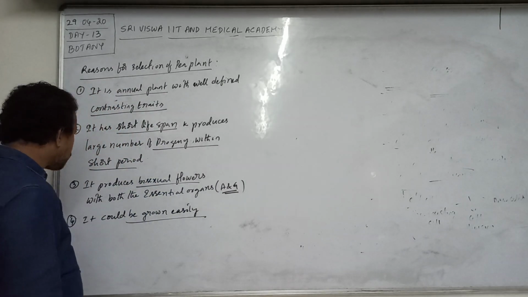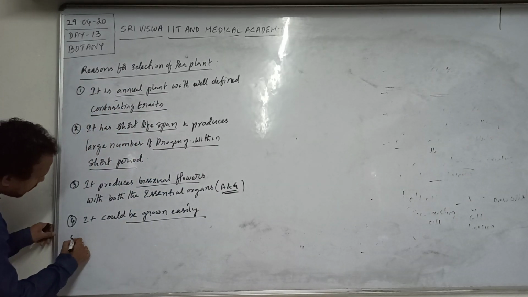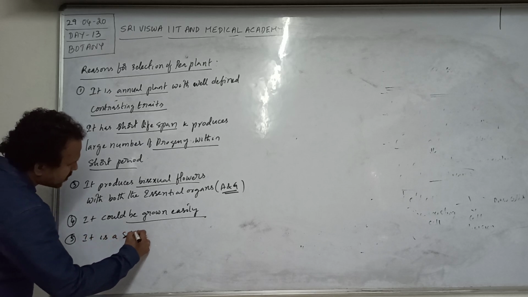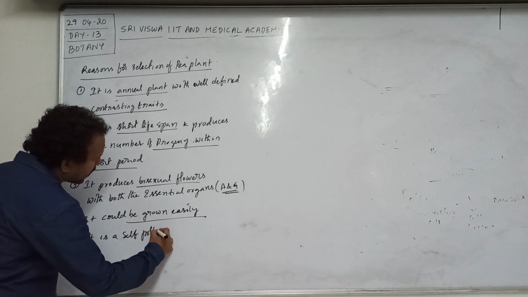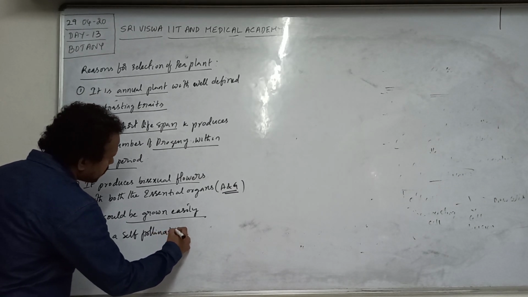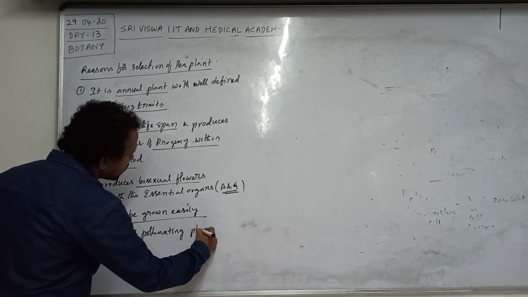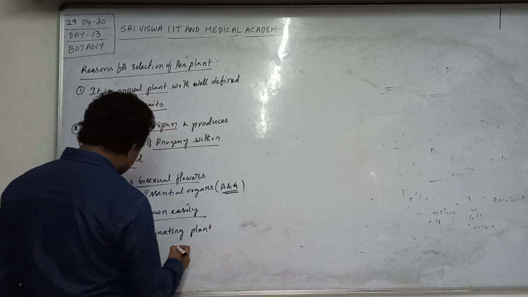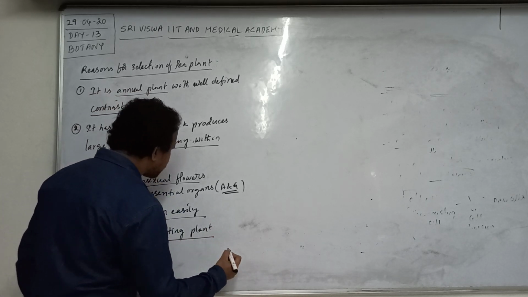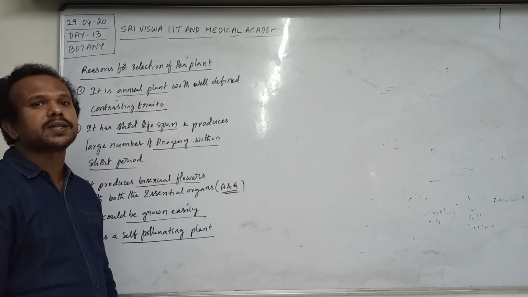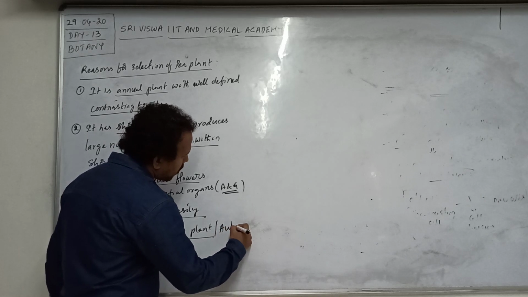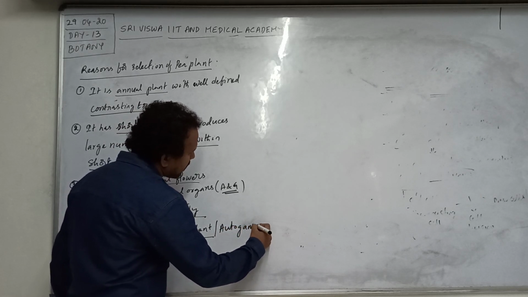So it could be grown easily, as well as it is a self-pollinating plant. Basically, it is one of the familiar examples for self-pollinating plant or autogamous plant.